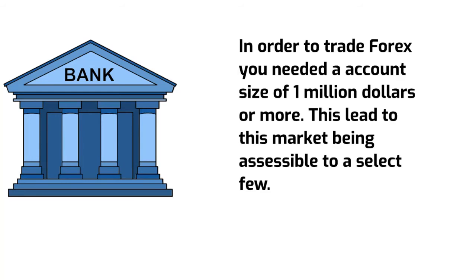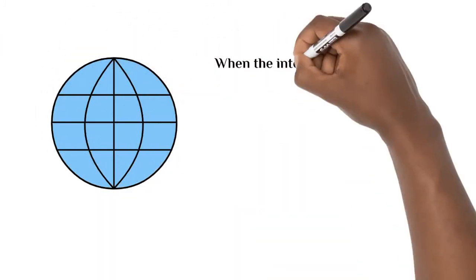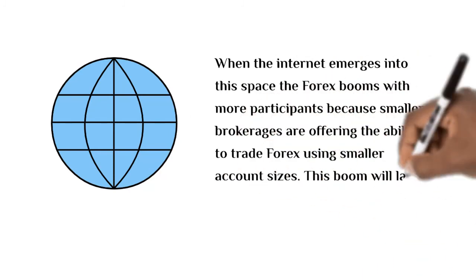So you didn't have to have $1 million at this particular time to trade anymore. And that's the same standard that we actually use today. You can use a small amount of money and still partake of bigger moves. So with the invention of the internet, the Forex market ended up turning into a $4 trillion a day trading mechanism. And so we utilize this trading mechanism.